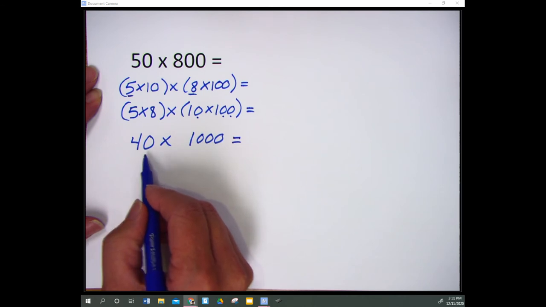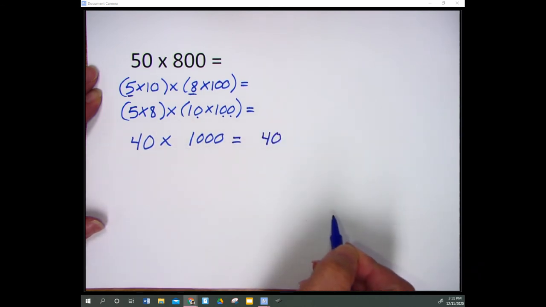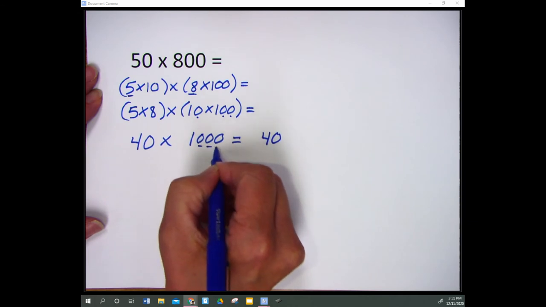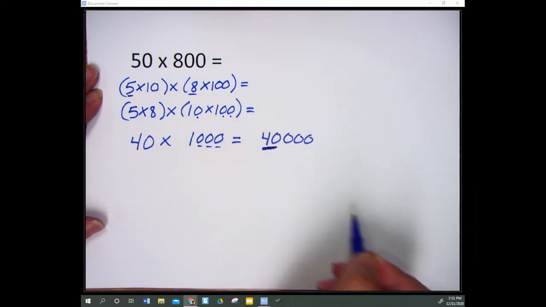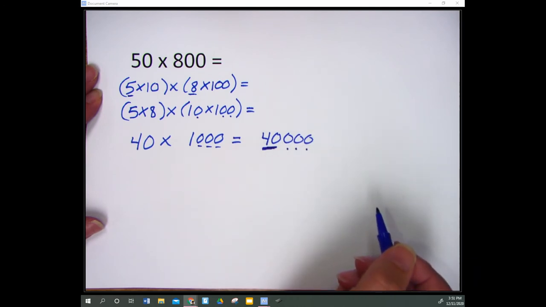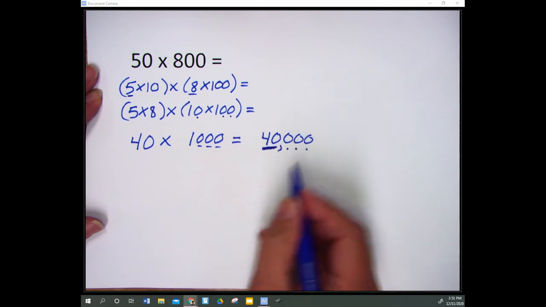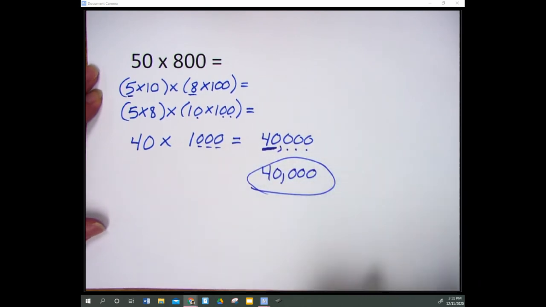If I have 40 times 1,000, I have 40 of those thousands. Now, thousands, they'd have how many zeros? 1, 2, 3. So here's the basic math, the 40, and then the 3 zeros there show they're thousands, right? So 40,000 would be my product. Okay, let's see what else we have.